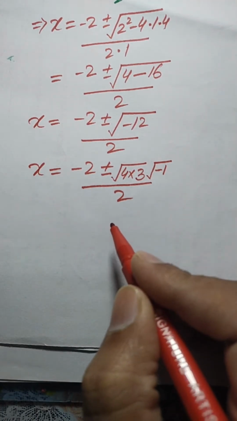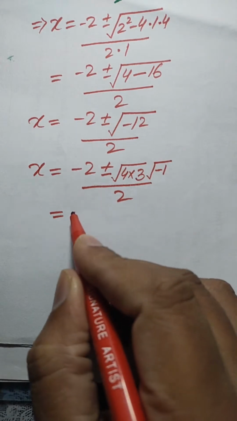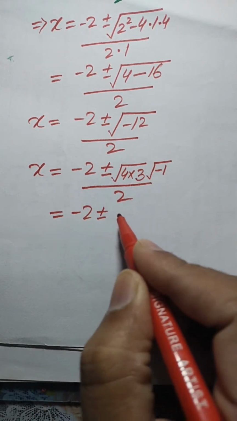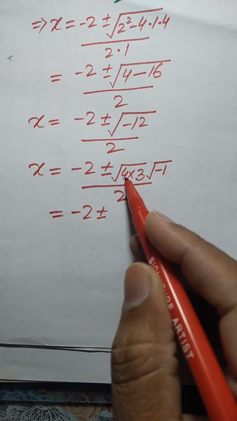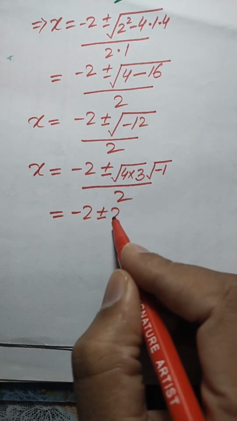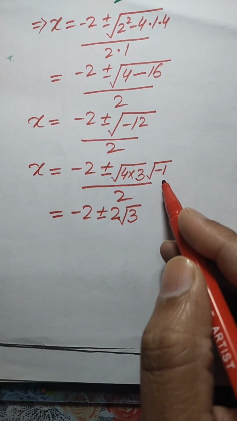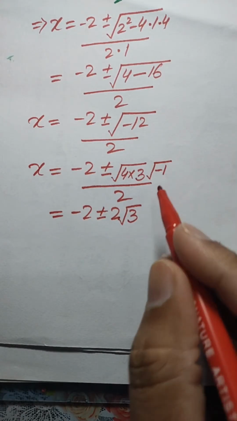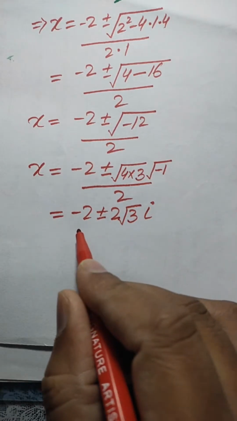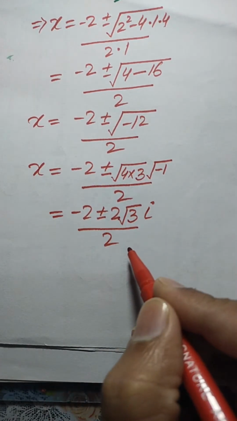In the next step it becomes minus 2 plus minus, here we know that the square root of 4 becomes 2 times square root of 3, and when the square root applies on a negative term it becomes iota, divided by 2.